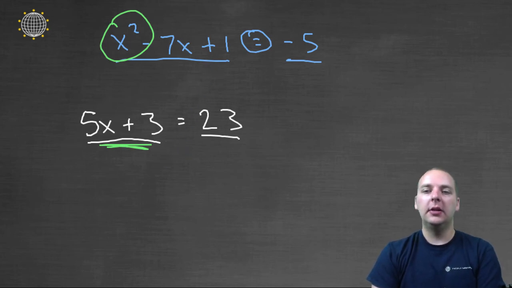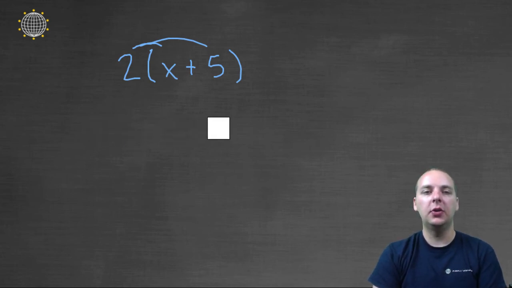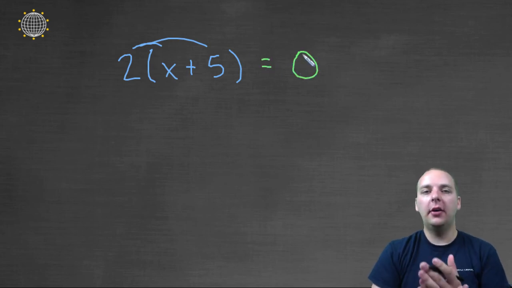Now, for whatever reason, a lot of students have a bad habit of when they have an expression like this, like 2 times the quantity x plus 5, they'll just think that they have to make this an equation, and a lot of times they'll set it equal to 0. Well, there are some things in our algebra class where you might set something equal to 0, but this is not one of those places.